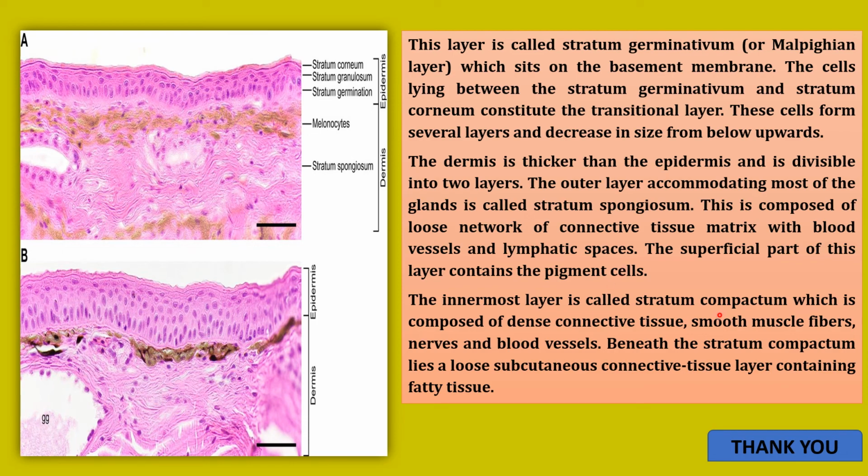Stratum compactum, on the other hand, consists of dense connective tissue, smooth muscle fiber, nerves and blood vessels, but no lymphatic tissues are present here. Beneath the stratum compactum, or beneath dermis, there is another subcutaneous connective tissue layer containing fatty tissue. Hope you have understood the structure of skin.